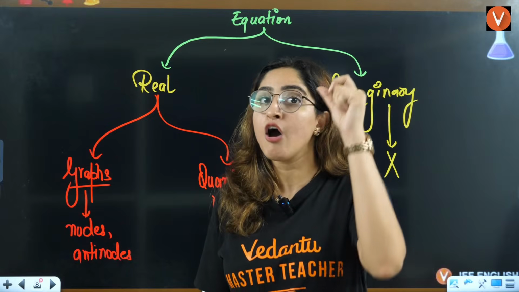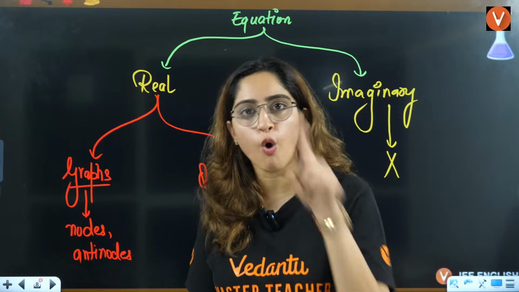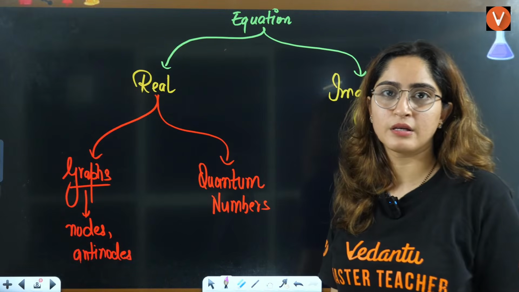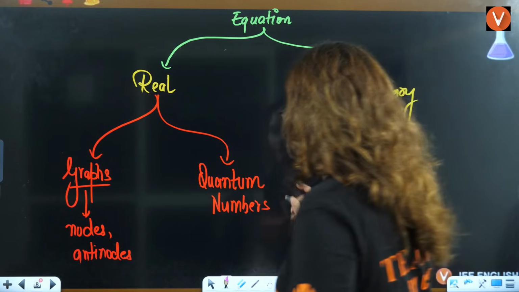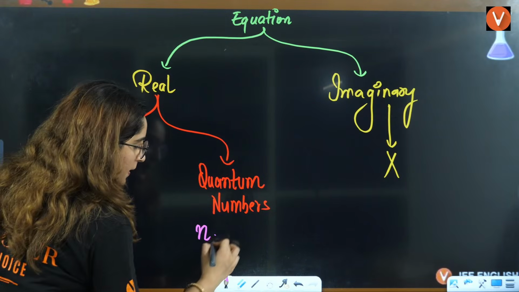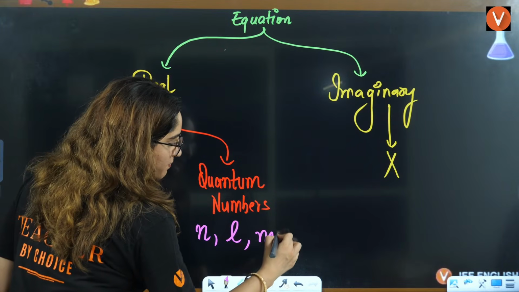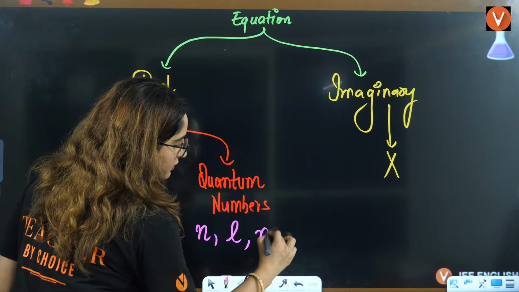First is the principal quantum number, then the azimuthal quantum number and the magnetic quantum number.